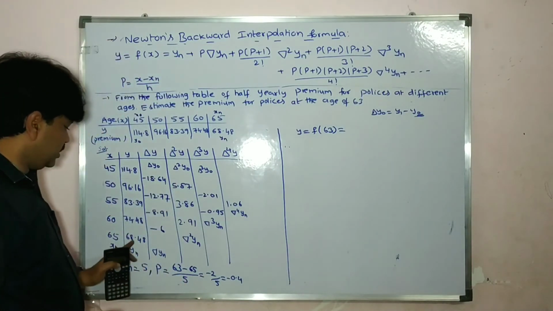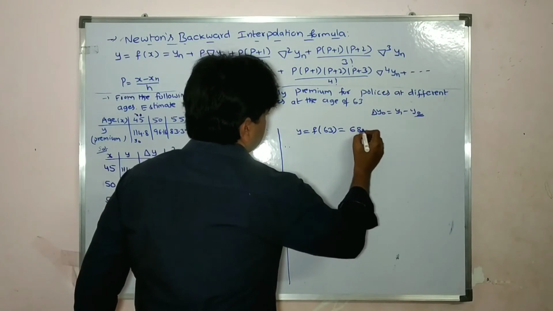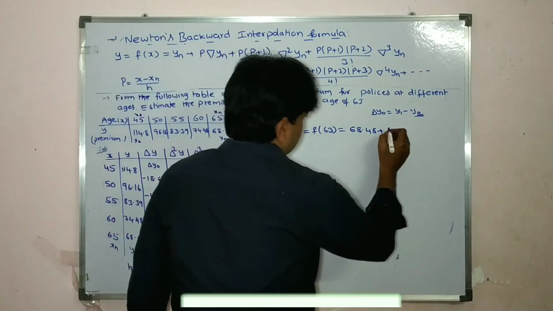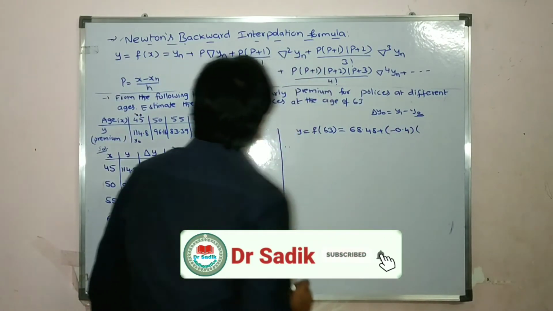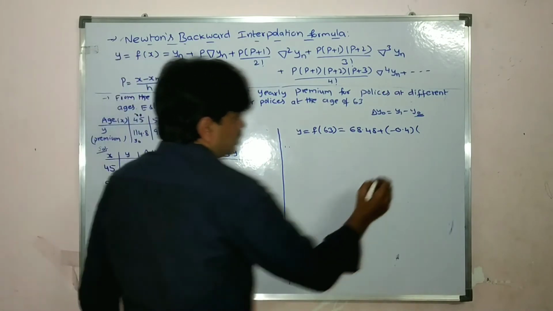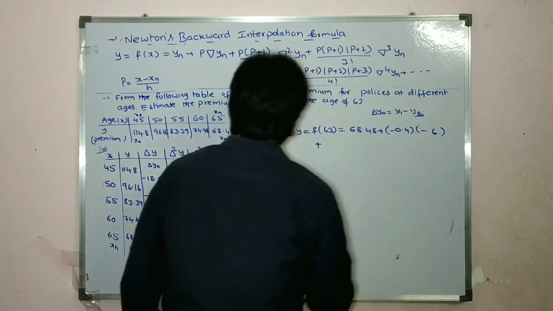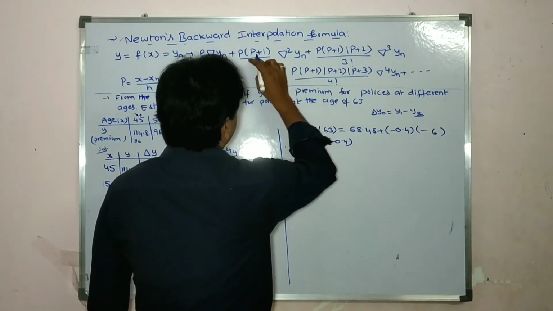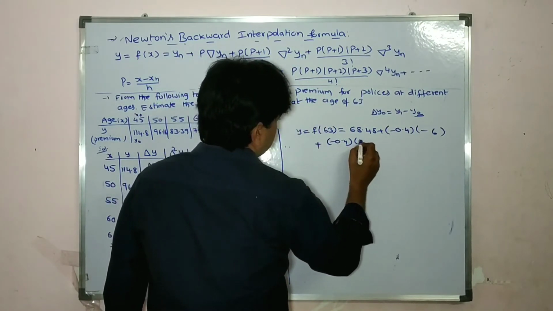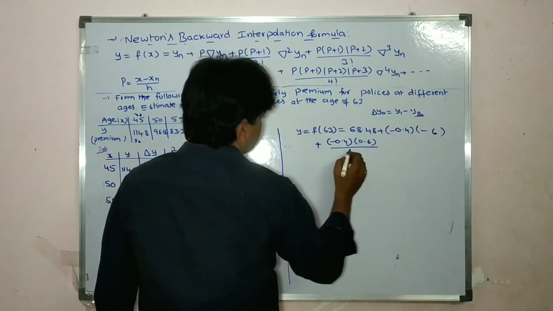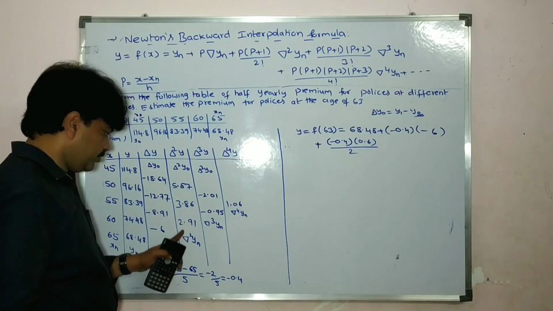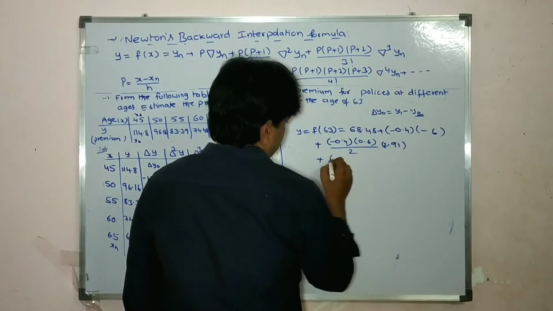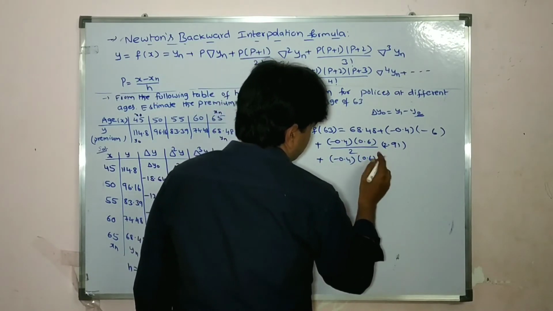What is yn? 68.48 plus p, which is minus 0.4, into del yn, which is minus 6, plus p into p plus 1, with p being minus 0.4, so p plus 1 is 0.6, divided by 2 factorial, which is 2, into del square y, which is 2.91.